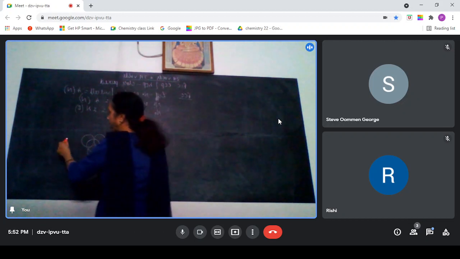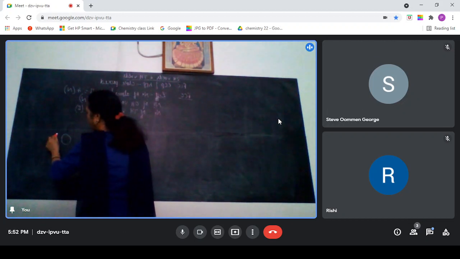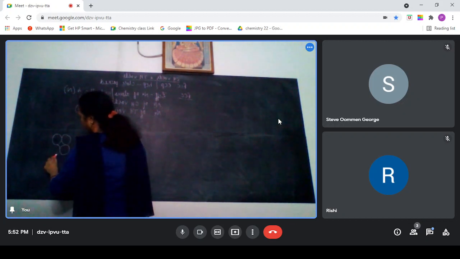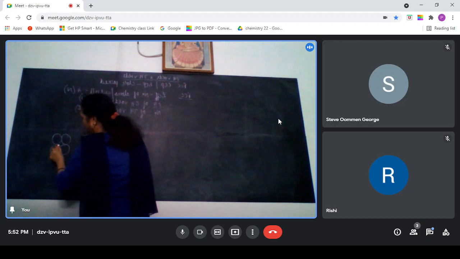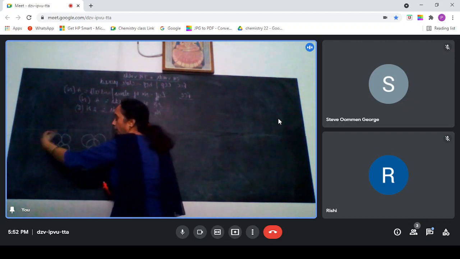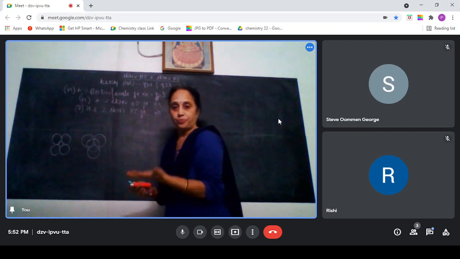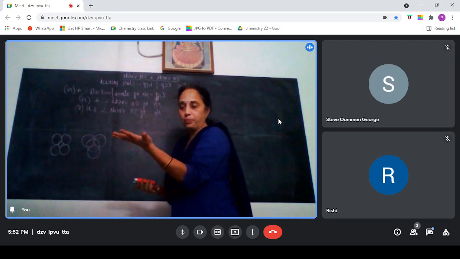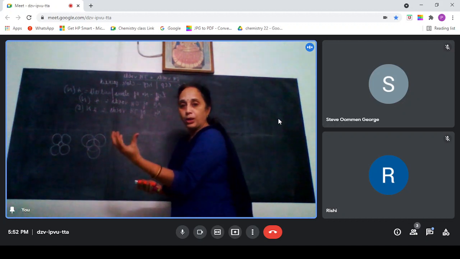Whereas octahedral void will be like this, but imagine 1 above and 1 below this. You have 4 in one plane, 1 above, 1 below sphere.